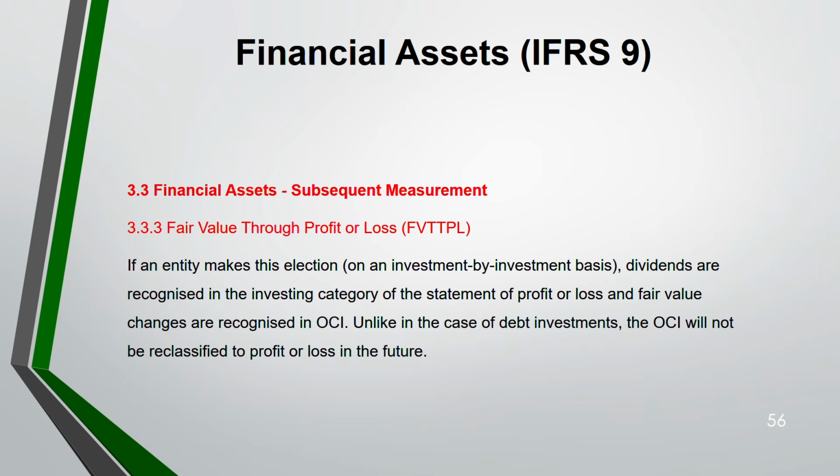Okay, if you make this election. But for debt investment, if it's a debt investment, anything recorded in OCI will be reclassified to profit and loss in the future. But for equity, it will always stay in OCI. It will never go to profit and loss.